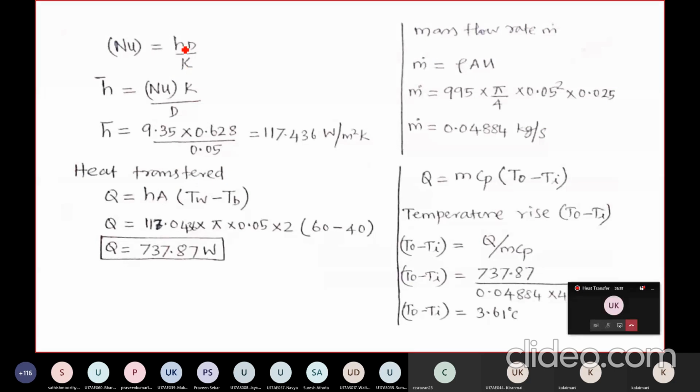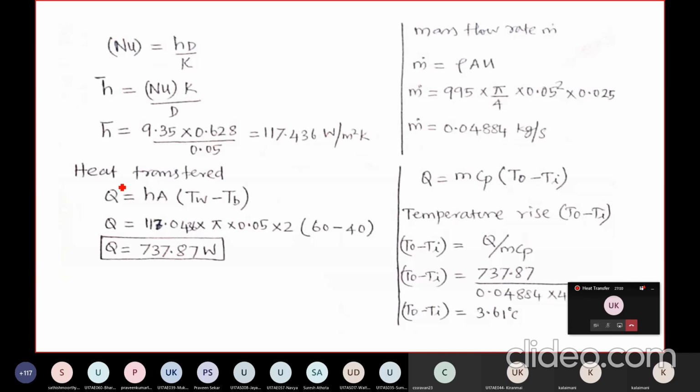In this case h is the average convective heat transfer coefficient. So h bar equals Nu into k divided by d. The Nusselt number we already found in the previous case, 9.35, into thermal conductivity 0.628 divided by diameter 0.05. From that we find the convective heat transfer coefficient is equal to 117.436 watt per meter square Kelvin.